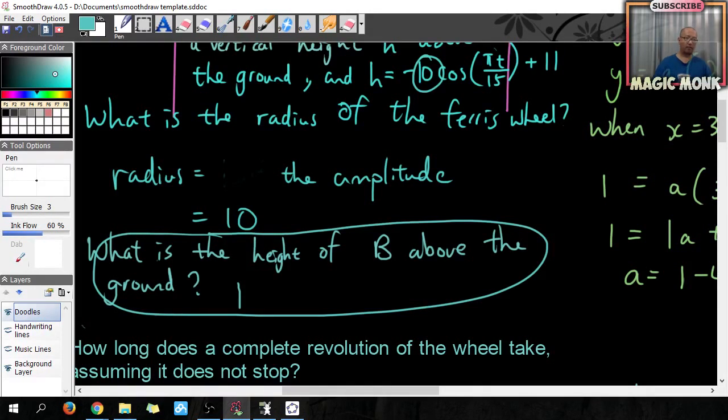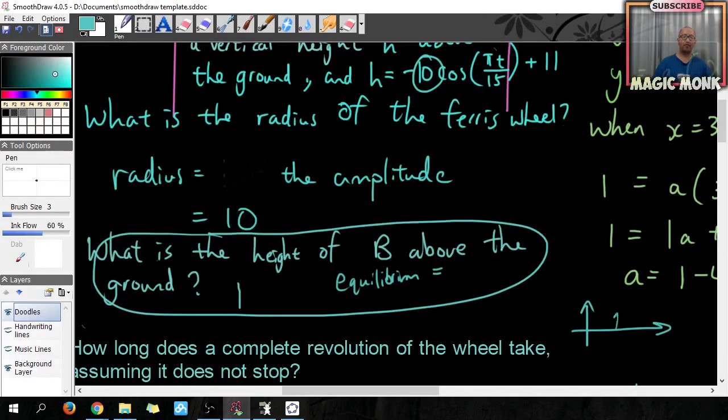So, what is the height of B above the ground? So, the equilibrium, which is halfway between the top and the bottom, is originally on the x-axis.